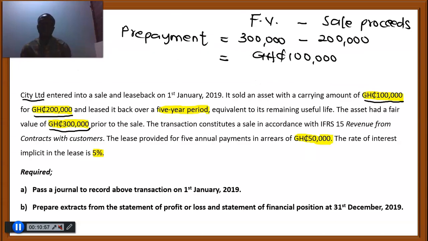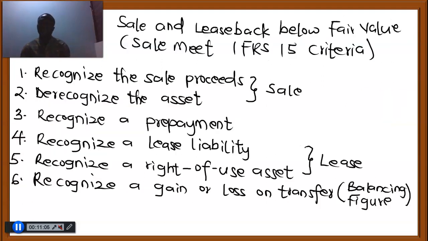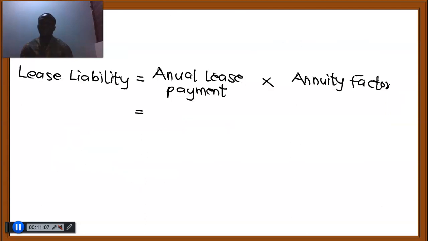In this question, we are told the annual lease payment is 50,000 and payment is made in arrears, that is at the end of the year. So we multiply the annual lease payment of 50,000 by the annuity factor.